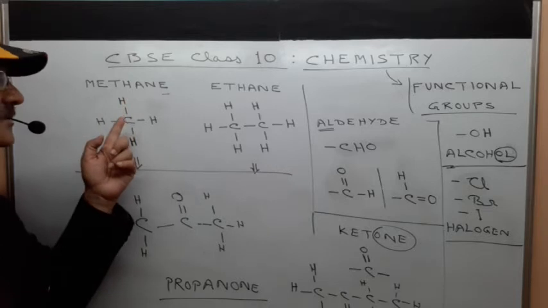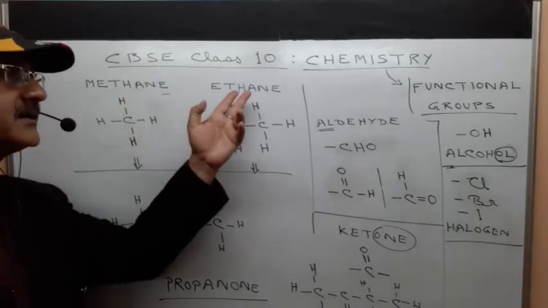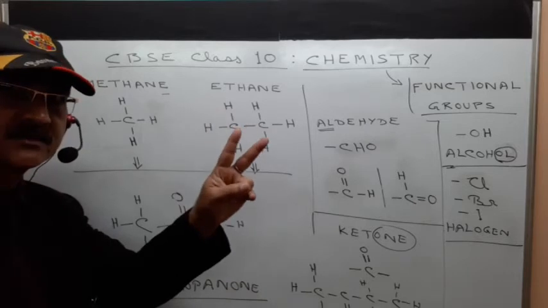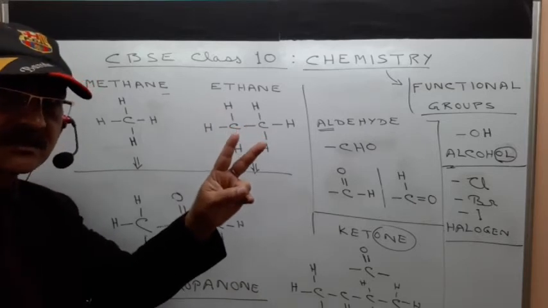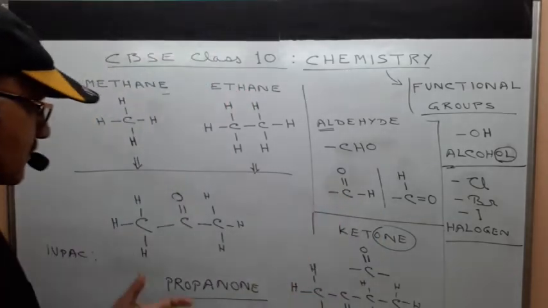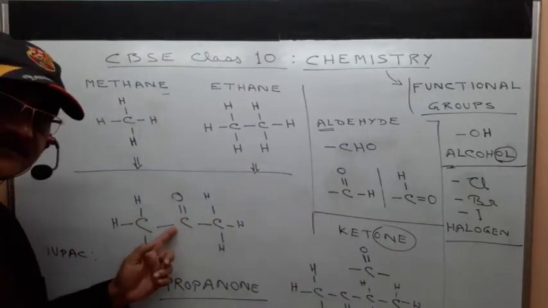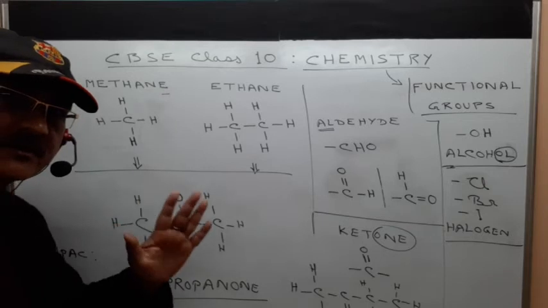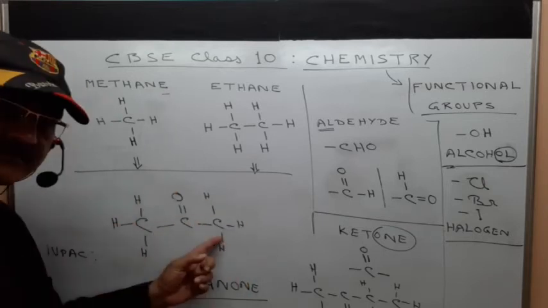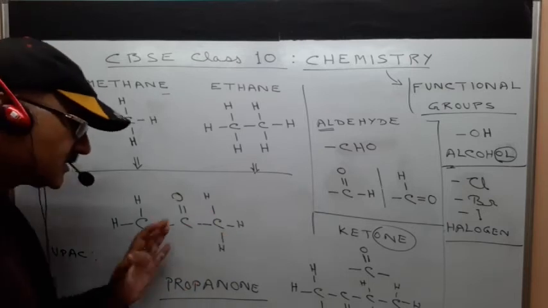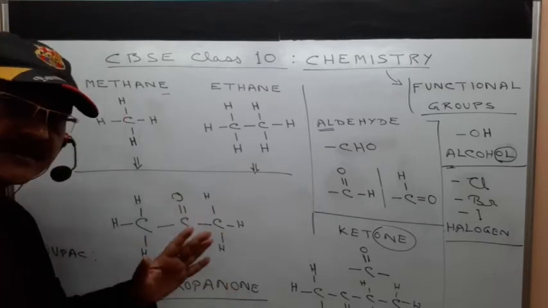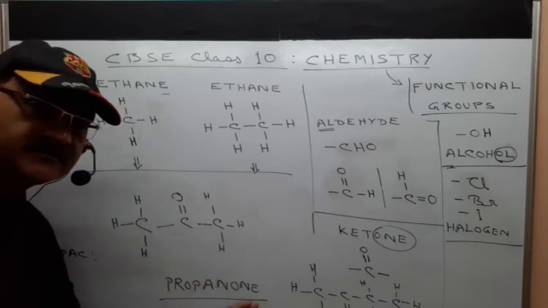Why? Because there is only 1 carbon. We cannot have ethanone. Why? There are only 2 carbon atoms. Clear? So this ketone must come between 2 carbon atoms. So the minimum number of carbon atoms needed is 3 in the whole molecule. So the smallest molecule is propanone, because 3 carbons means propane, so propanone.